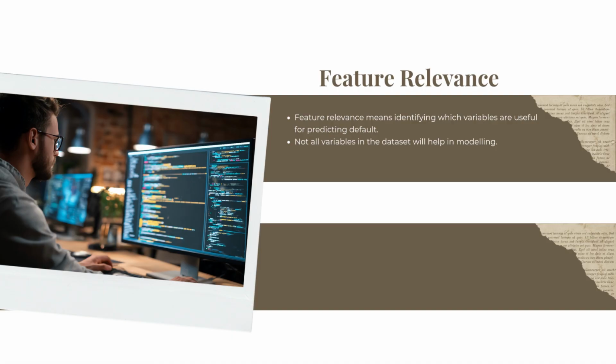Not all variables in the dataset will help in modeling. So, for each variable, we should ask, does this help in predicting the default? This is important because including irrelevant variables can reduce the model performance, add noise, and make the model unstable. Good models are built on meaningful features, not on maximum features.